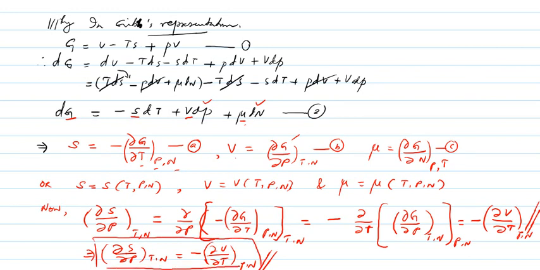In the same manner you can work out two more results. Similarly, you can check it by yourself by the same method. You can see what ∂S/∂N is, keeping T and P constant.